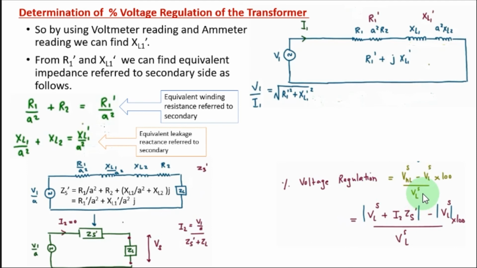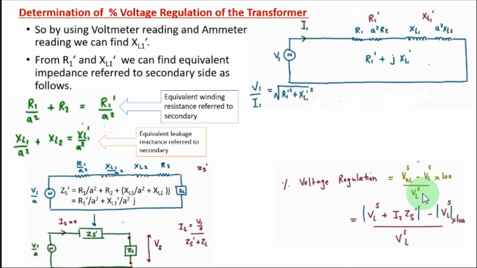Voltage regulation basically gives us an idea of how a transformer gives a different voltage, not the rated voltage, when the load is changing. So when the load is changing, how the output changes is given by the voltage regulation.